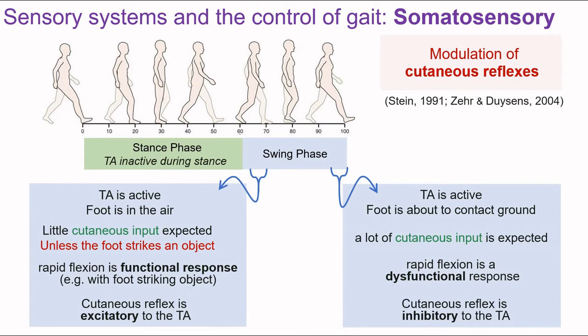Accordingly, in this phase of the gait cycle, the cutaneous reflex is alternatively organized to be inhibitory to the tibialis anterior in response to cutaneous input. In sum, what we're seeing is that the functioning of the cutaneous reflex is reversed across initial and terminal swing phases.